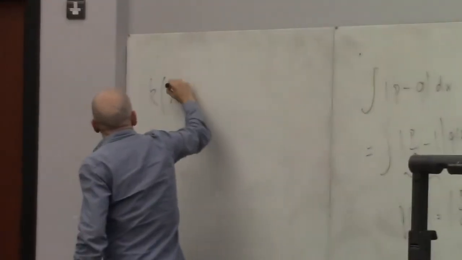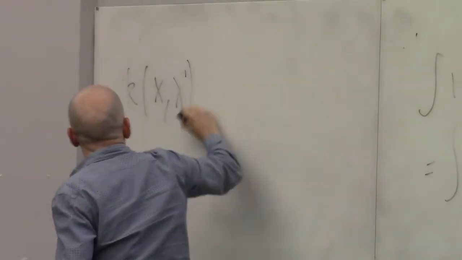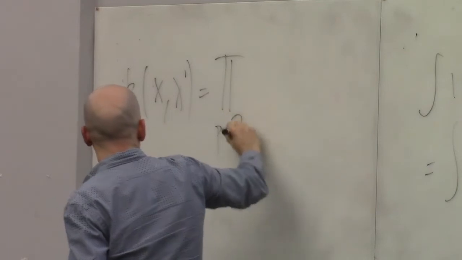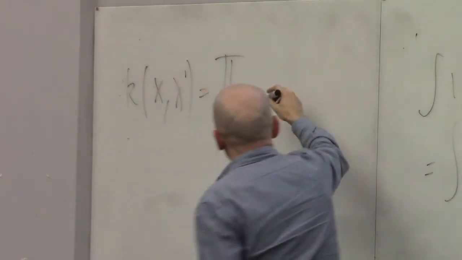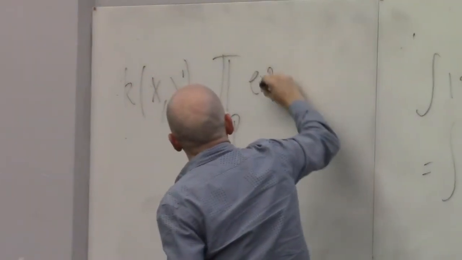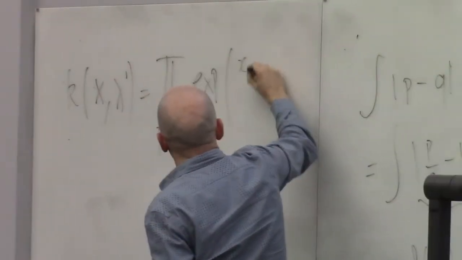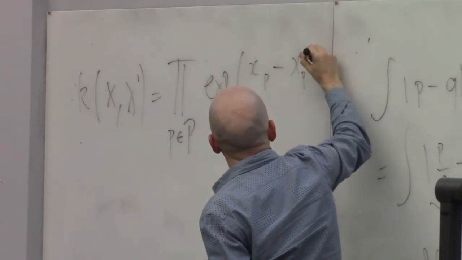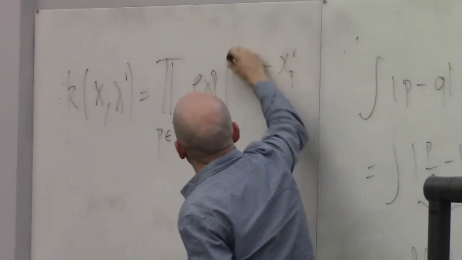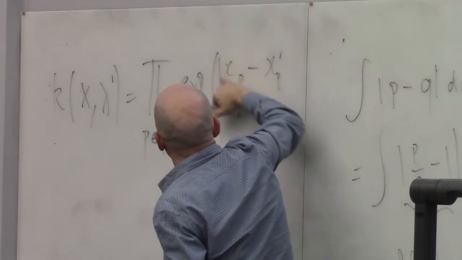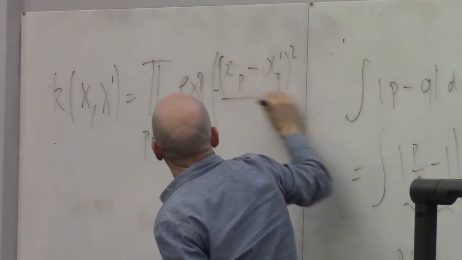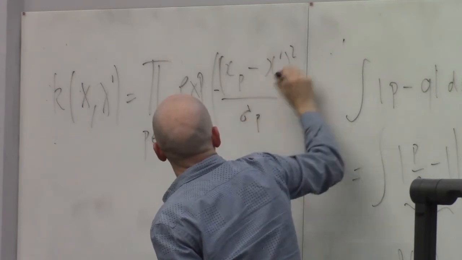If I've got a kernel between two images, let's call them x and x prime, it's going to be a product over pixels in some set of pixels of a kernel between pixel p of image x minus pixel p of x prime. Well, norm squared, but it's just a value, so it's just the value squared, negative, divided by sigma p, okay?